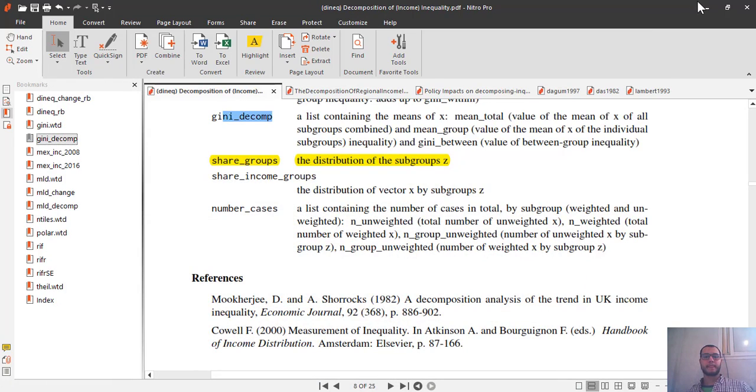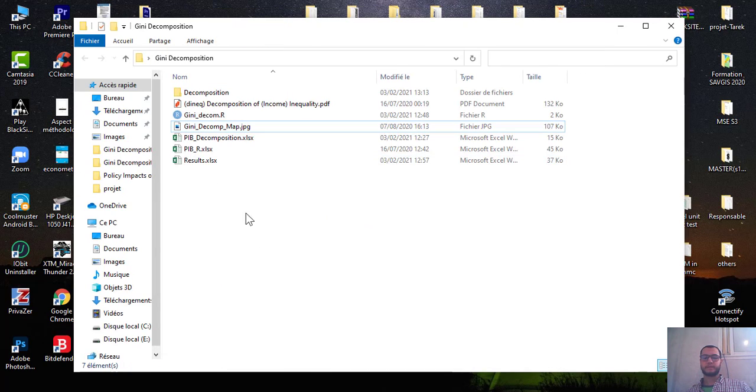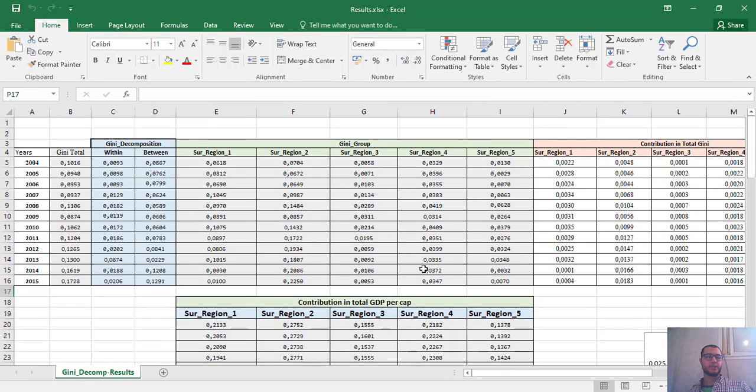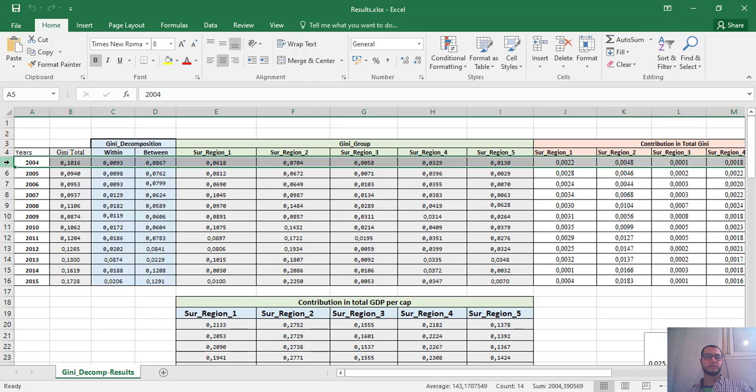I will show you what I have done. This is all these results. So we have here the Gini Decomposition. We'll start by year 2004.